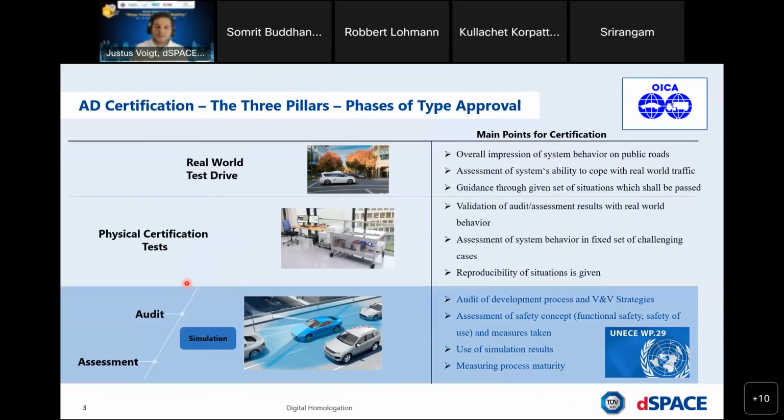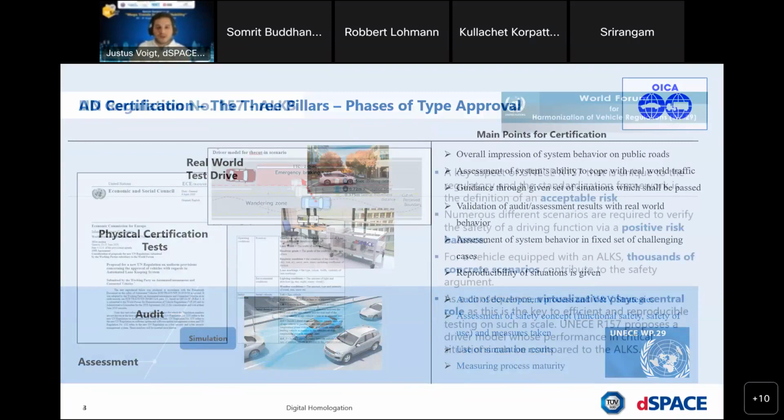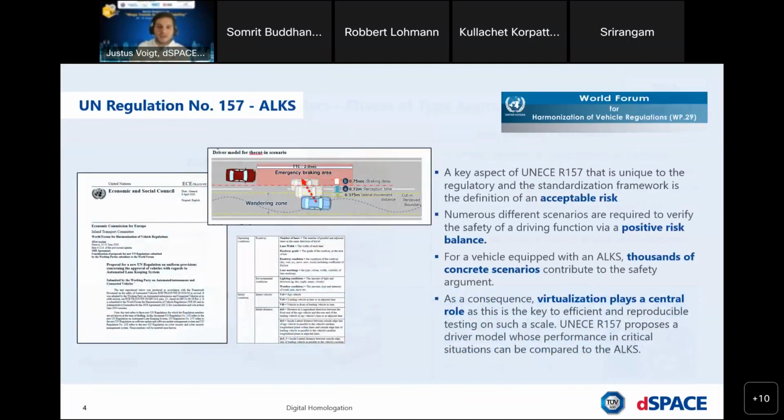We saw the presentation of Altair, who are more focusing on the mechanical parts, and we are more focusing on the simulation part of the entire vehicle and traffic participants. This slide shows, for example, testing of an ALKS, an automated lane keeping system. A vehicle equipped with an ALKS has to be tested with thousands of concrete scenarios.